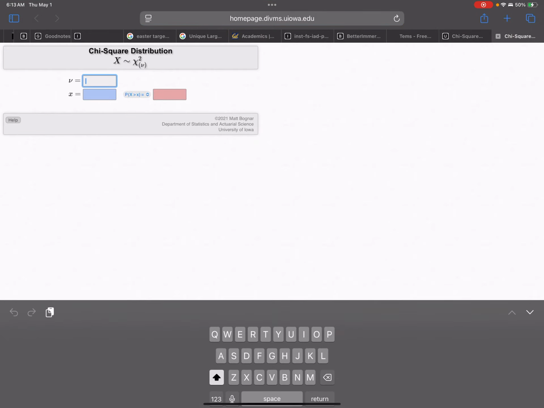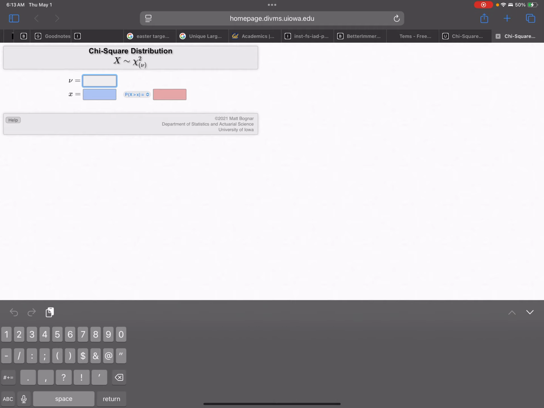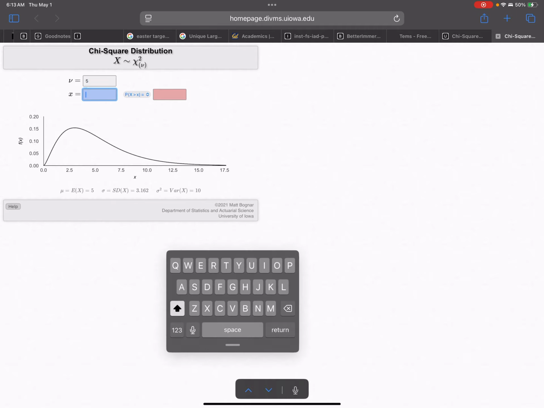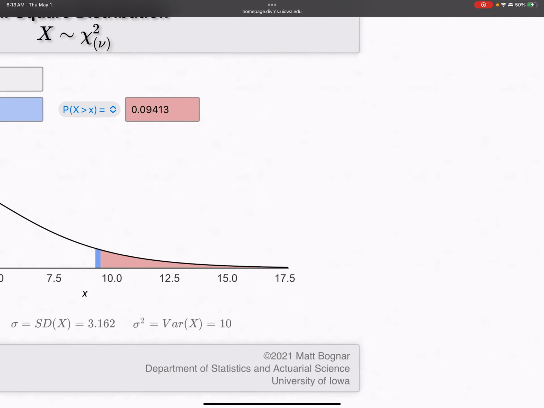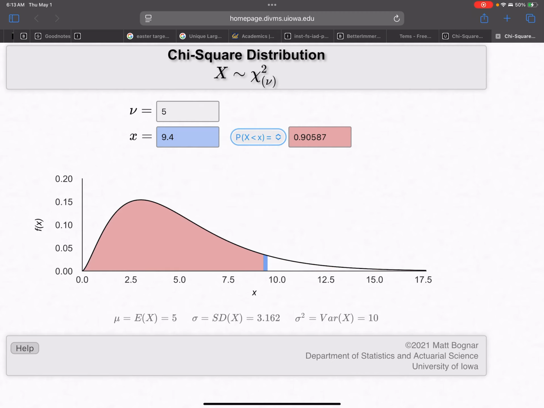Oh, let's see here. We said that was 5, and then that was 9.4. Yeah, okay. So we got 0.09413. Now notice in their computations, they did 1 minus the area to the left.